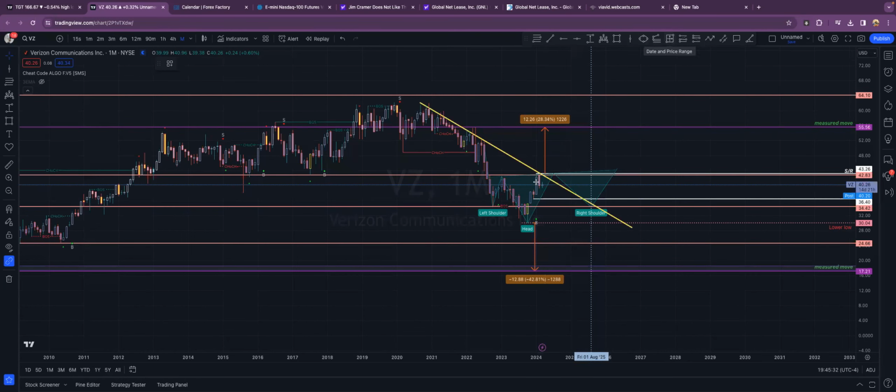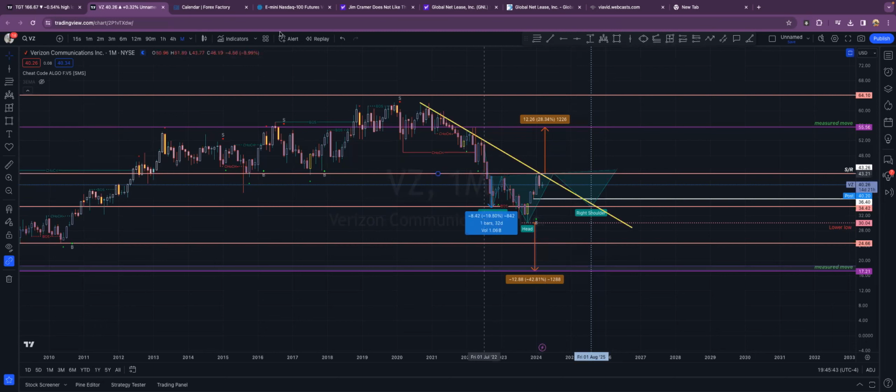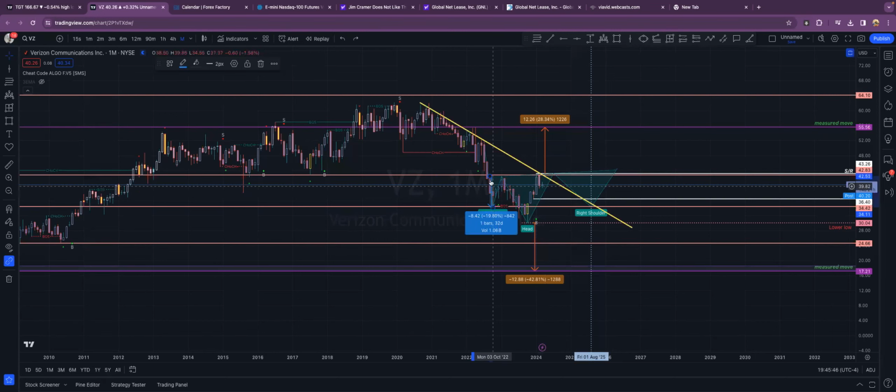Let's look at what it did last time. Boom. How long did it take from here to here? Okay, from there to there it took possibly 4 bars, so that's 4 months to get there, right? So at the same level, it can possibly take 4 months. Got the rejection, 1, 2. So let's say they move fast.